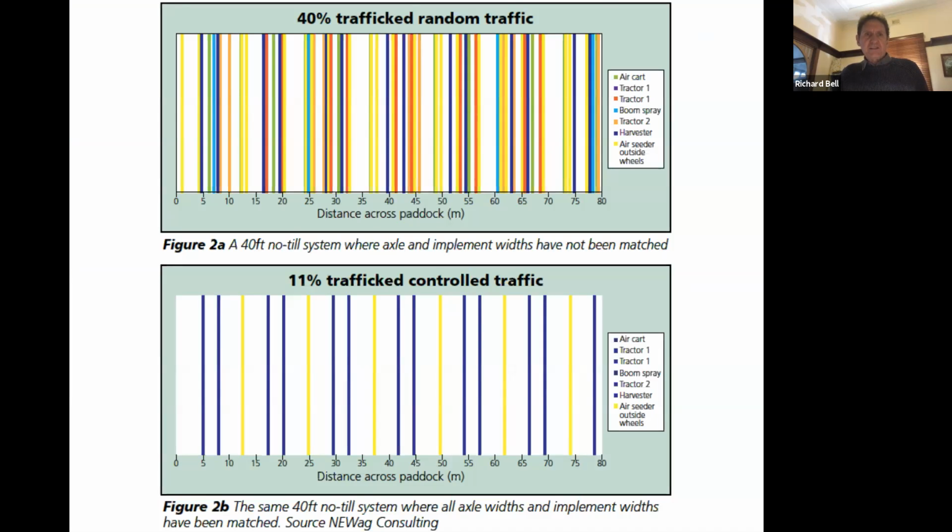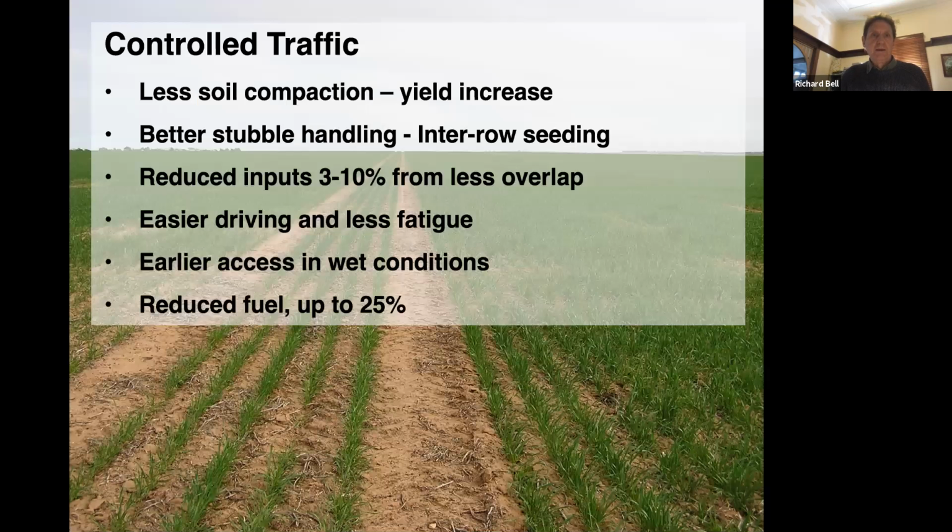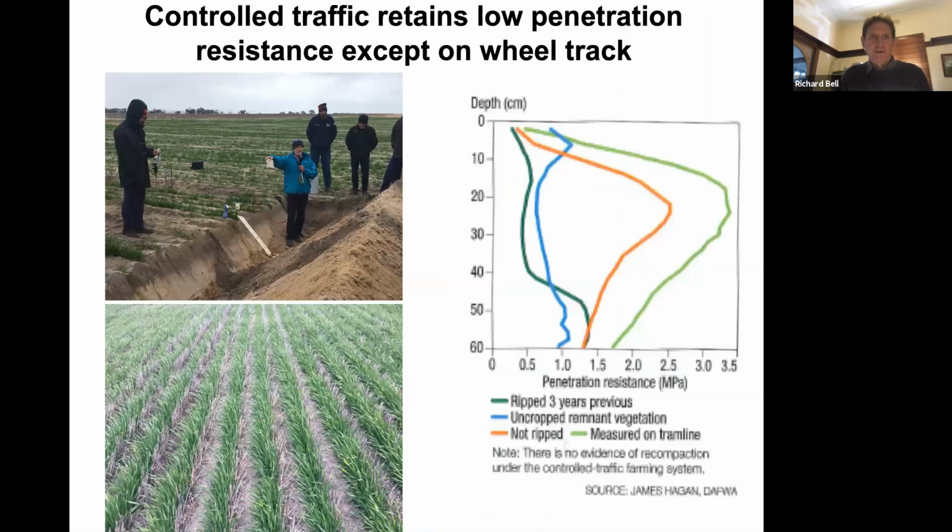And that's about trying to get the percentage of the soil that is actually compacted by traffic down to about 10% compared to random trafficking, where it might be more than 40% of the soil in one season is getting the effect of compaction. So look, I'm going to wrap up there.